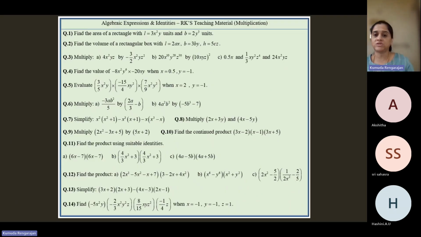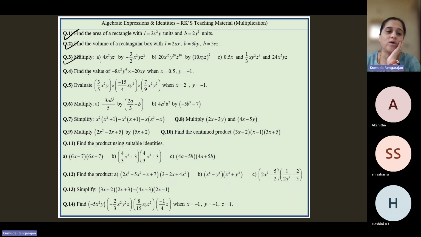A little of multiplication also we understood in the first session. Not all these questions now. Please try the first one, second one, and the third one, and we'll wind up the class for today. 1, 2, and 3.